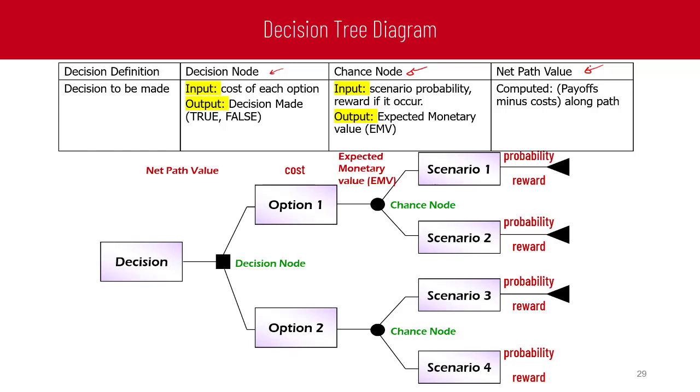The same will apply for option number 2: the probability multiplied by the reward for scenario number 3 plus the probability and reward for scenario number 4. This gets us the expected monetary value for the chance node minus the cost of this option, and we end up with the net path value for this path. We will have to choose between the two paths based on which one is the least cost or the maximum profit.